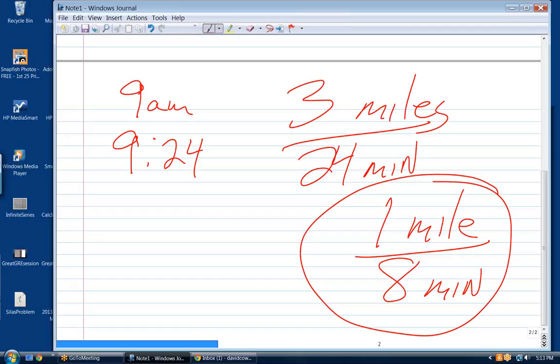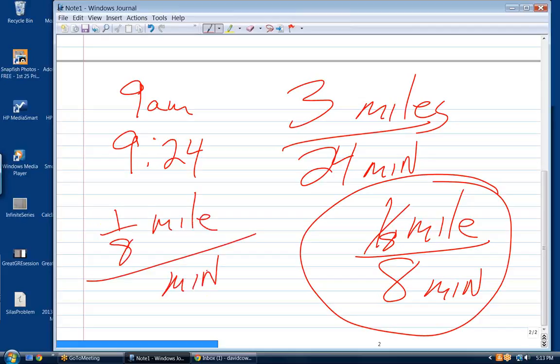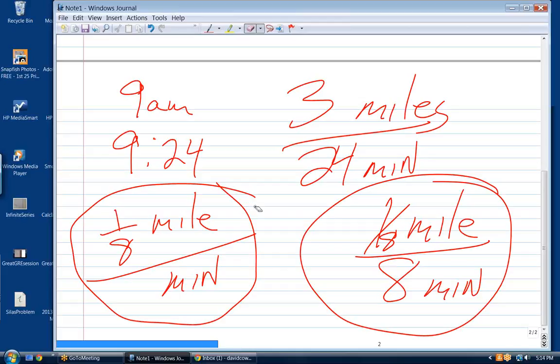But if I wanted to know how far I'd run per minute, I would want to divide top and bottom by 8. So I would end up with 1/8 mile per minute, which is actually the more standard way of writing speed, is you put the distance on top and the time on the bottom. That actually makes a lot of sense. Yeah, miles per hour, feet per second.